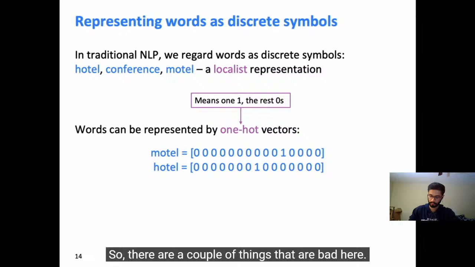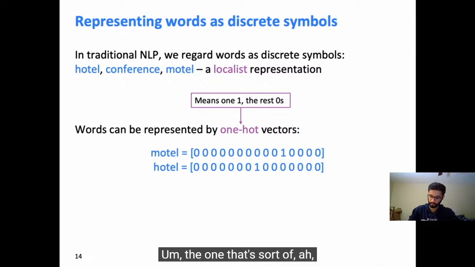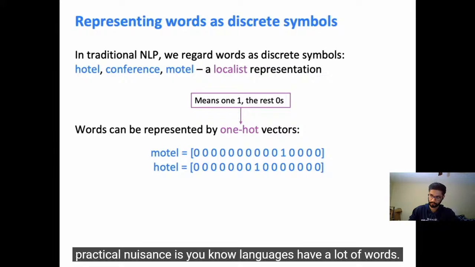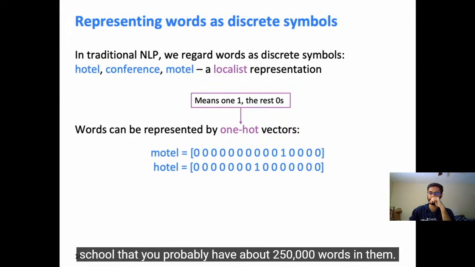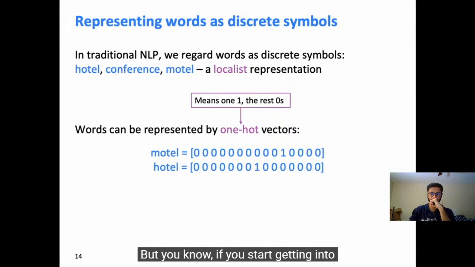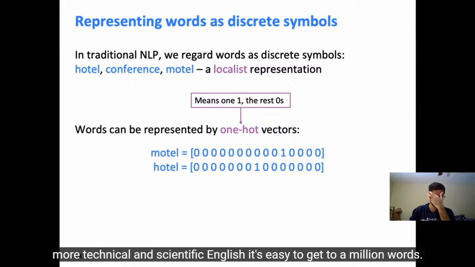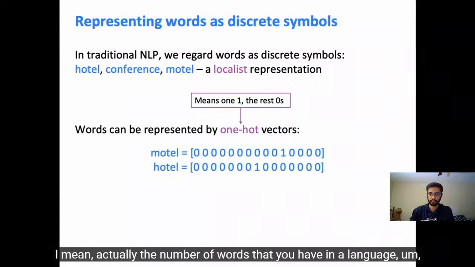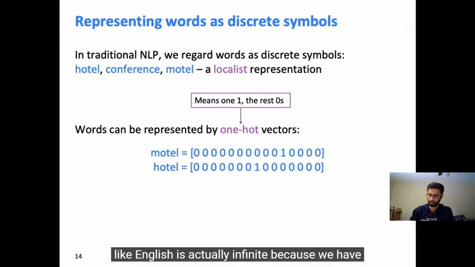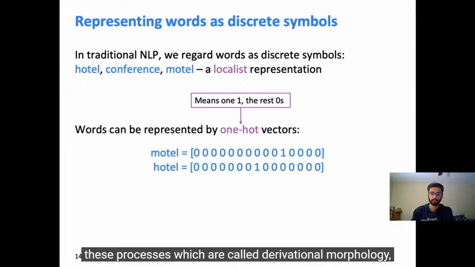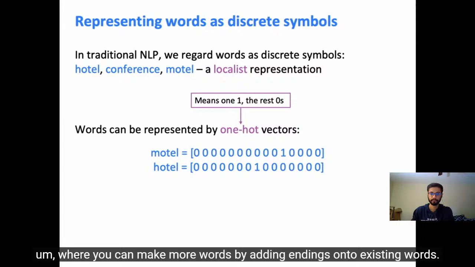So there are a couple of things that are bad here. The one that's a practical nuisance is that languages have a lot of words. One of those dictionaries that you might have had in school probably has about 250,000 words in it. But if you get to more technical and scientific English, it's easy to get to 1 million words. Actually, the number of words in a language like English is infinite, because we have processes called derivational morphology, where you can make more words by adding endings onto existing words.